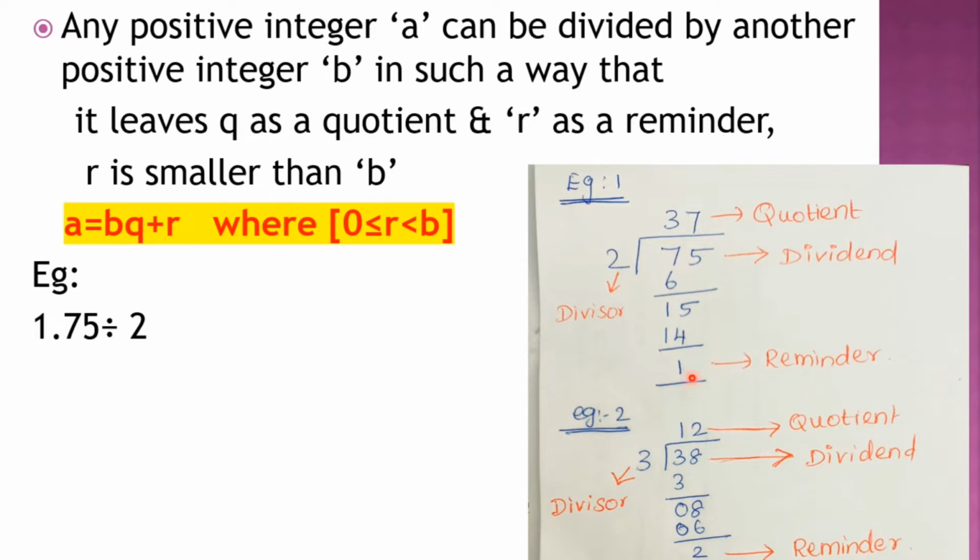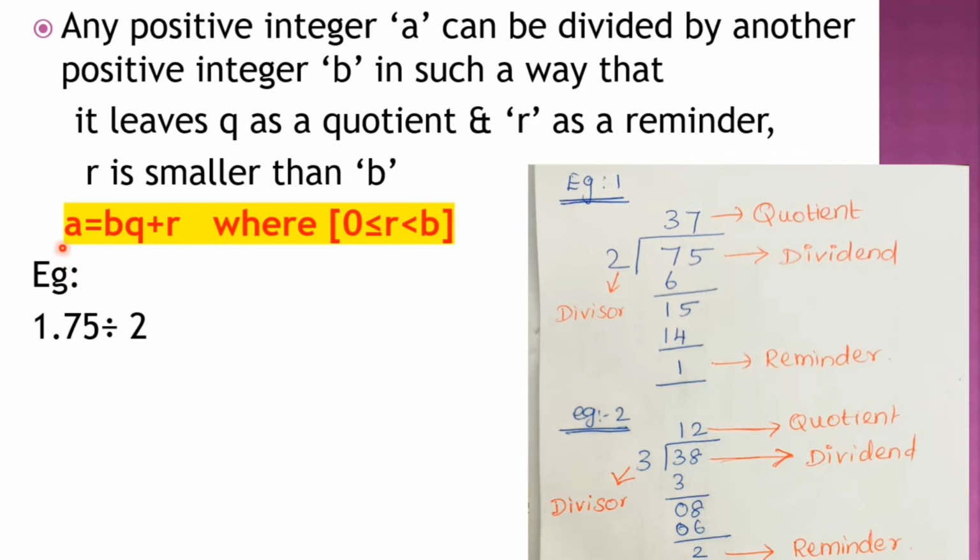This remainder r will always be greater than or equal to 0, that is, the remainder will be either equal to 0 or greater than 0, but it is always lesser than the divisor, this 2.